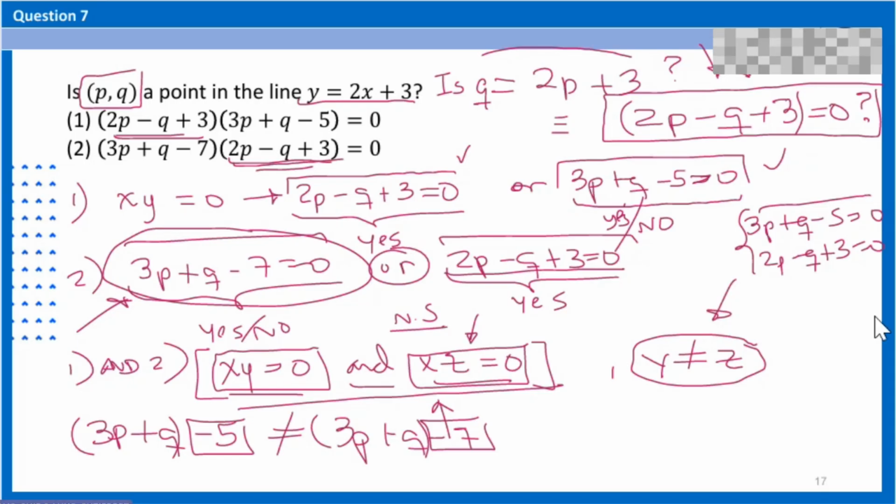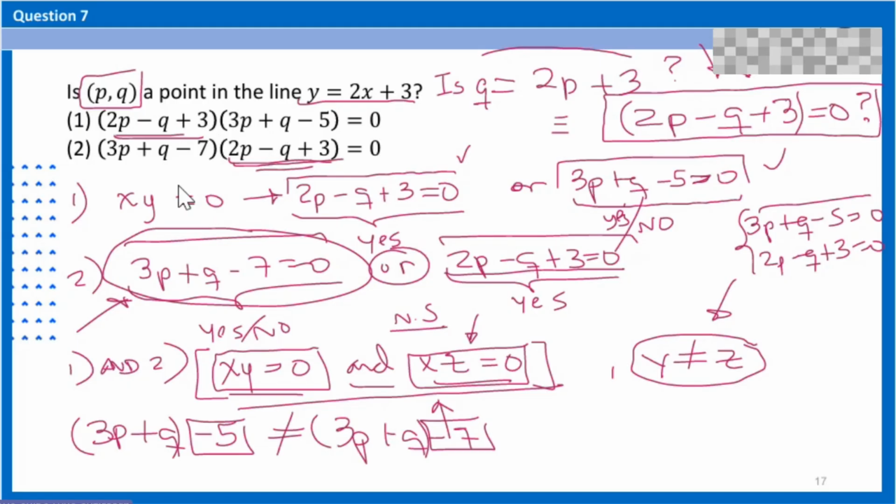Since they always have to be different, no matter if one of them is 0, since the other has to be different, then that compels the other factor, that is the like of x, 2p minus q plus 3, to be 0. It has to be 0 for the two equalities in the statements to hold true. All right? So that's the point. You can pick whatever values for p and q that make 2p minus q plus 3 equal to 0.